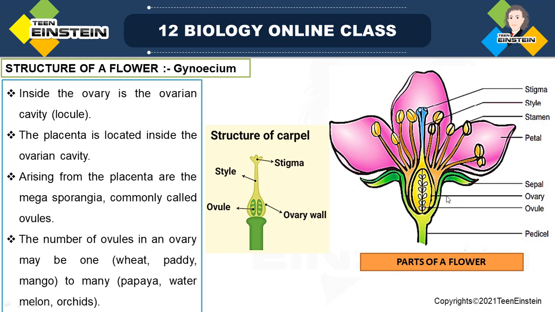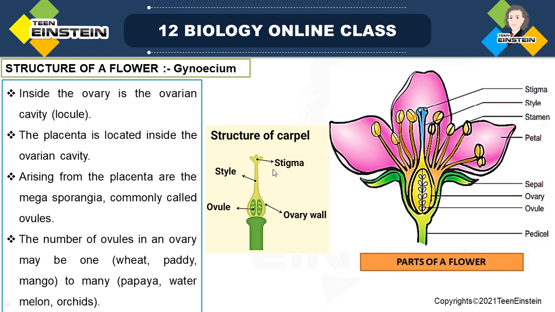In the case of rice, wheat, mango, you can see only one ovule in an ovary. But in papaya, watermelon, orchid, you can see many ovules in an ovary, right?